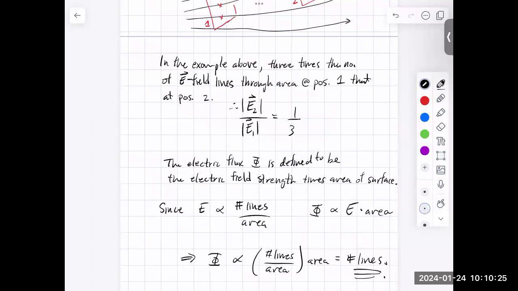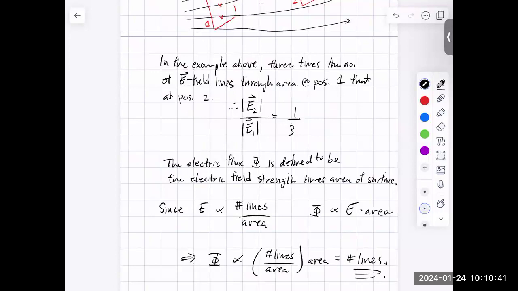So if you're given a problem where you have to compare electric flux through two different surfaces, really what you're going to be doing is counting how many lines actually cross that surface.